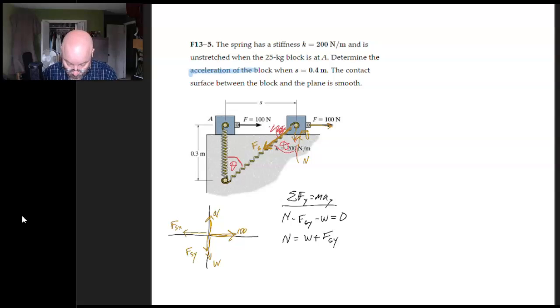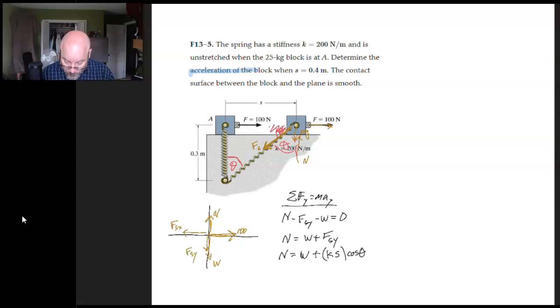And so what we would have then is the N is going to be the force of the spring, which is Ks. And then that's going to go as the sine, or sorry, not in this case. It's going to go as the cosine of that angle.